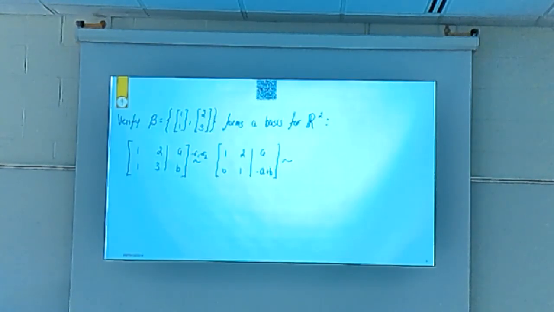Then what? Who remembers? Negative 2 row 2 plus row 1. A real nice simple matrix to reproduce. And that is what you should get.